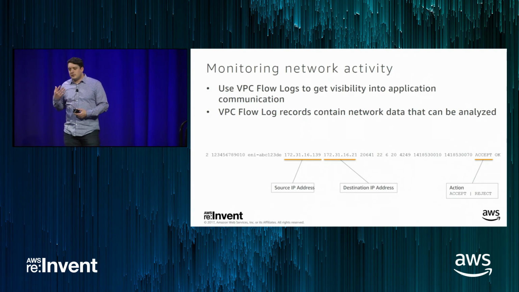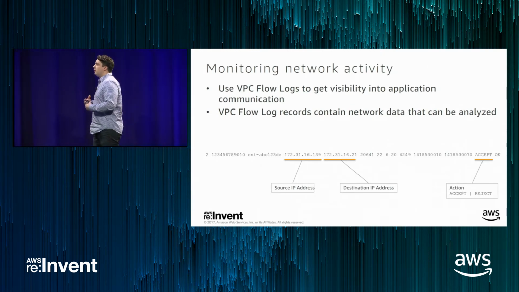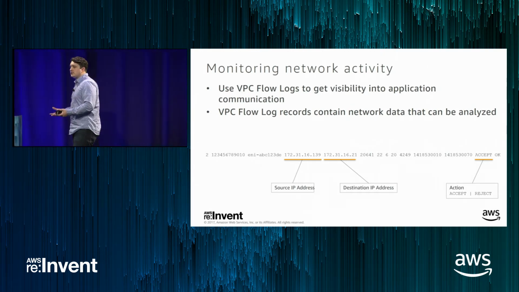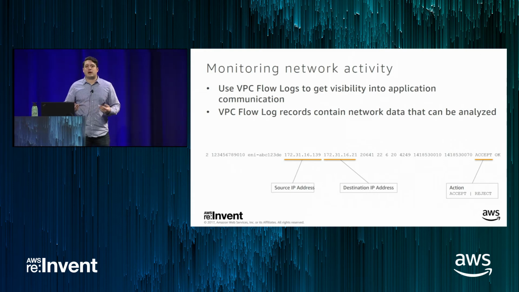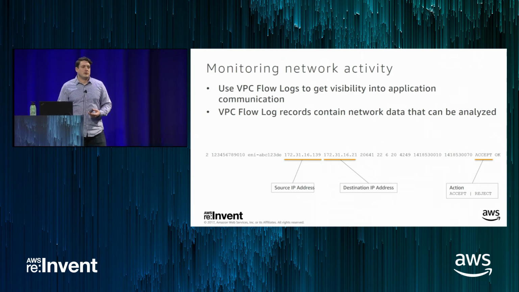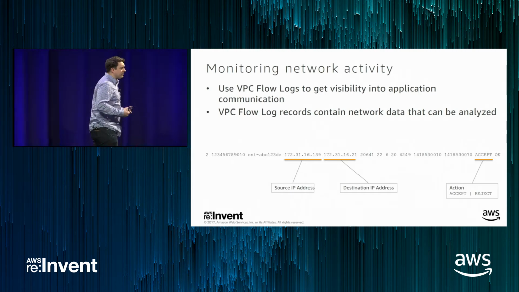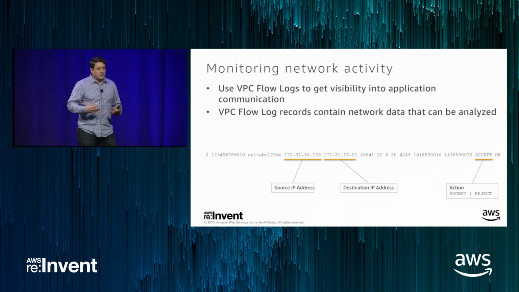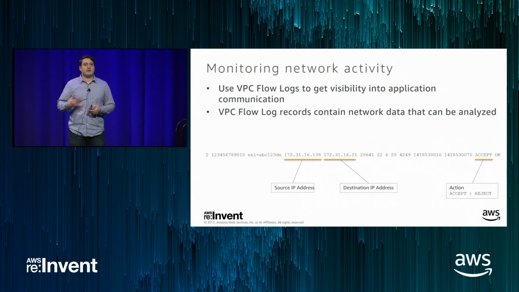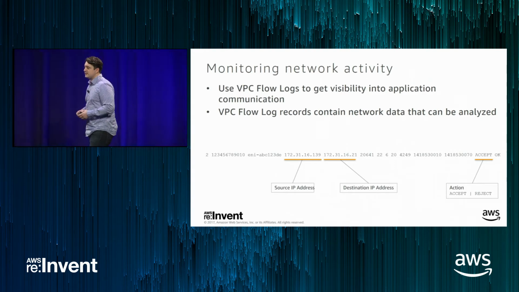So the immediate thing you can start doing is simple analysis on, what is my top IP address coming into the network, going out of the network, and start doing anomaly detection on that. We'll walk through that in a little bit, but you can also do very simple analysis, just like counting the number of API calls from a specific IP address or from a specific service or from a specific user agent using VPC flow logs.